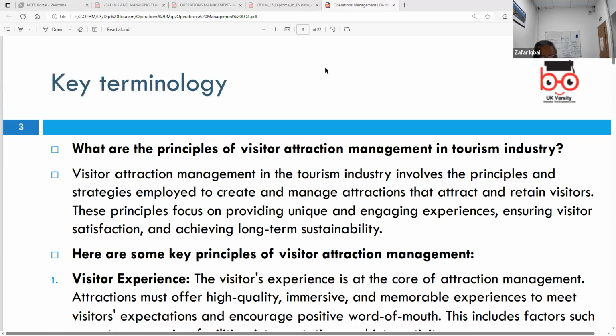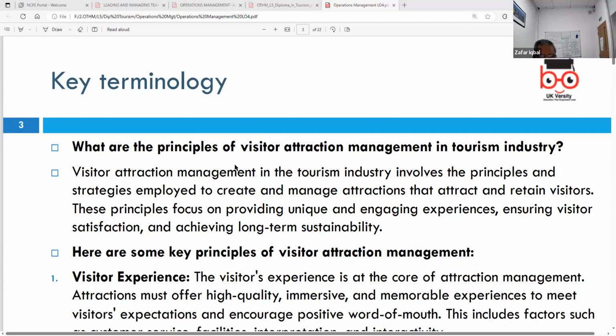If you want to visit the Eiffel Tower, that's an attraction. Or if you want to visit a zoo, that's an attraction. So what are the principles when people visit those kinds of places in the tourism industry?